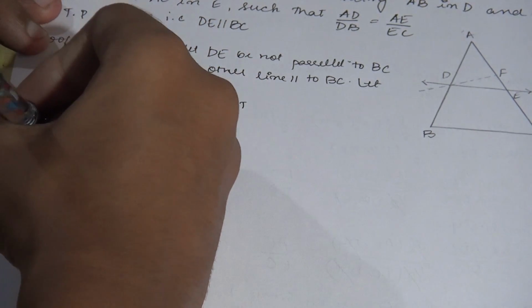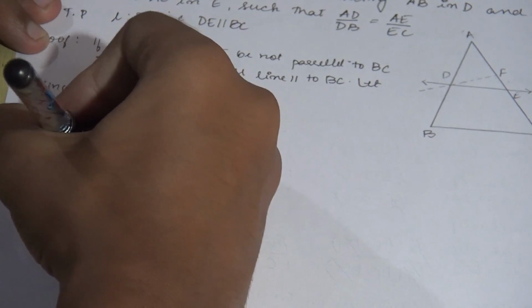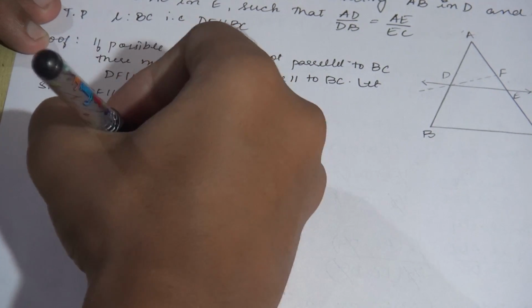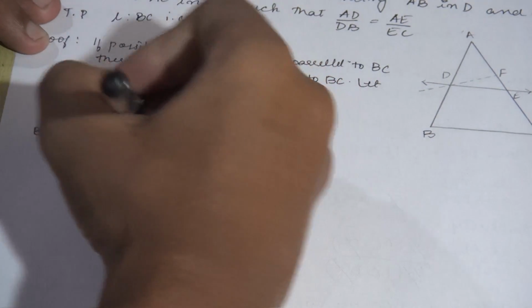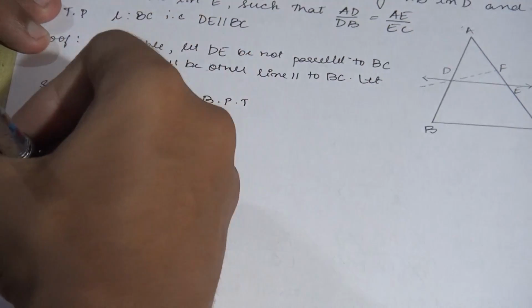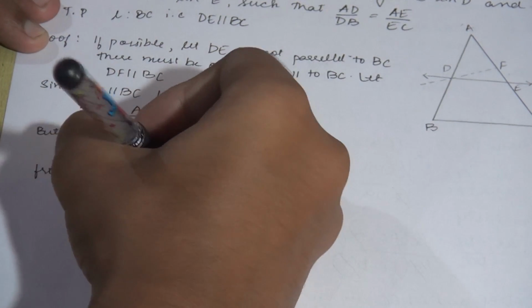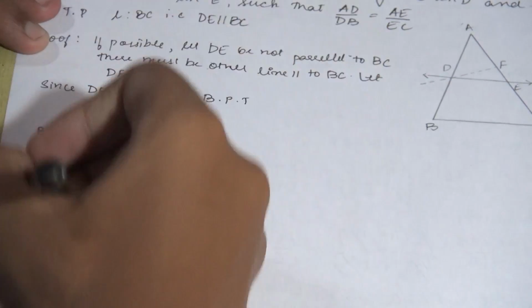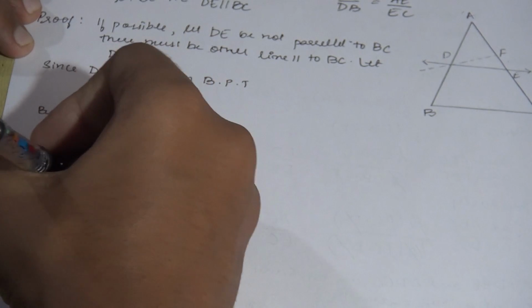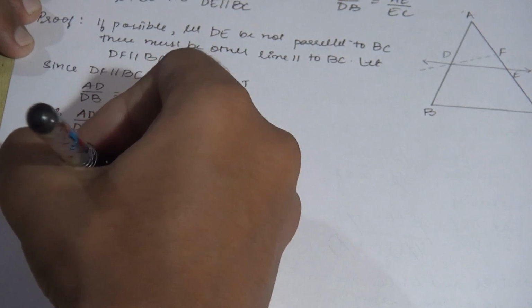But AD by DB is equal to AE by EC. This is 1, this is 2. From 1 and 2 we get AF by FC is equal to AE by EC.